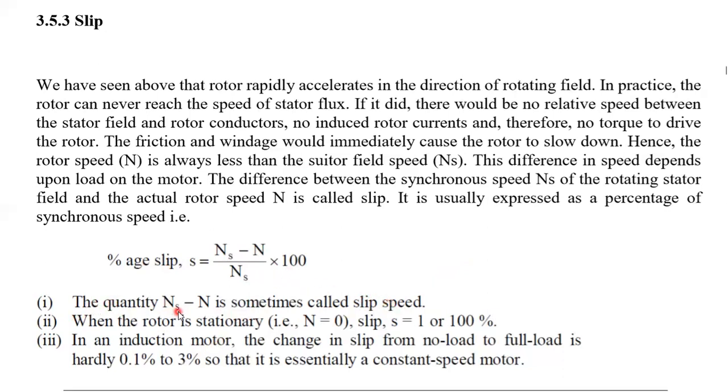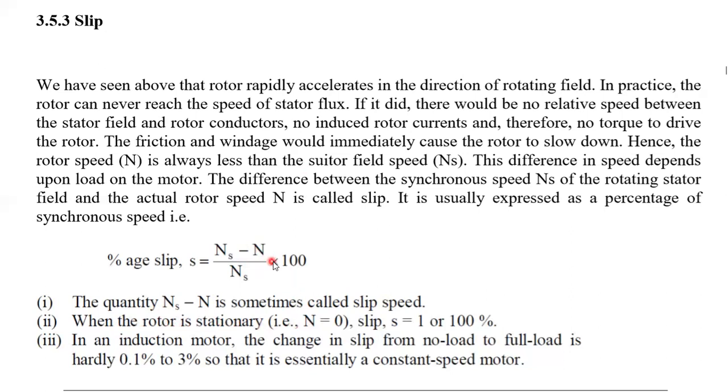The quantity ns minus n is called the slip speed. When the rotor is stationary, the speed of the rotor is n equal to 0.